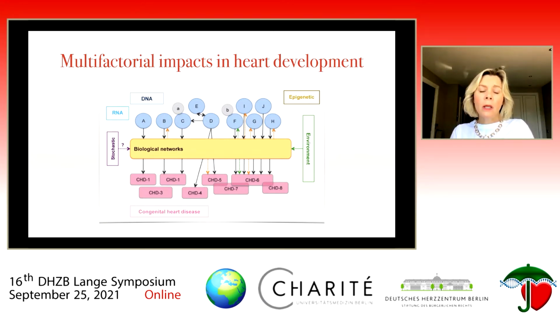So I worked for the last 20 years on tetralogy of Fallot, and tetralogy of Fallot, the non-syndromic form we always worked on, can be very simple, I guess, but the majority is really a multigenetic disease, which has also environmental impacts.